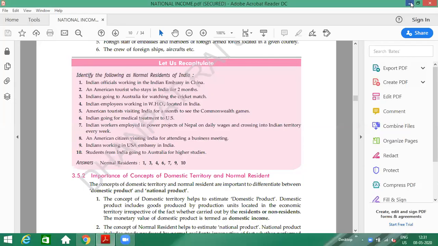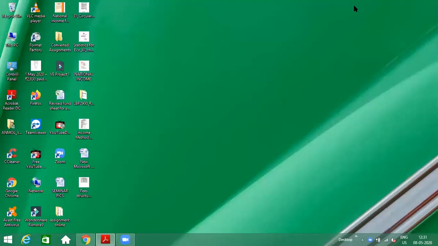Fine. Now I'll be taking up numericals based on the income method and the expenditure method. Before that, I would like to share a screen with you all. Just wait a second. I'm sharing the screen.